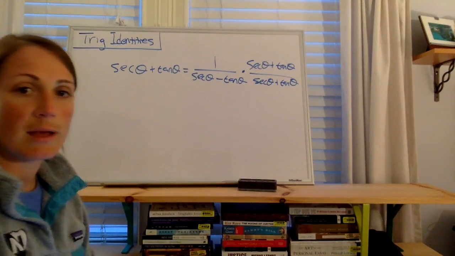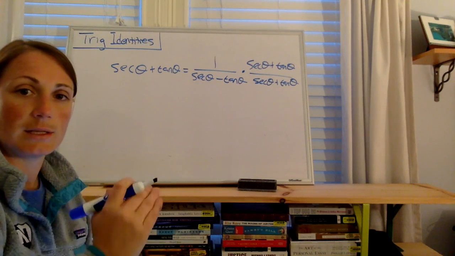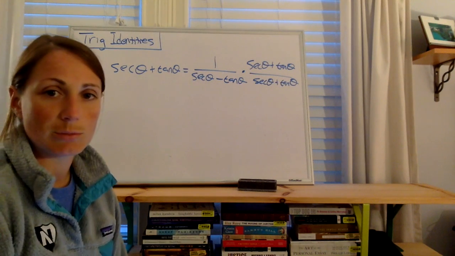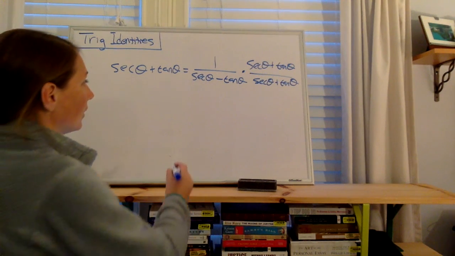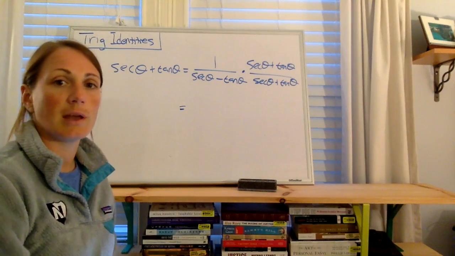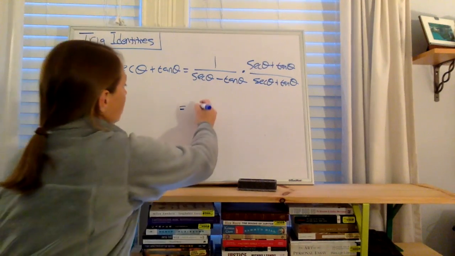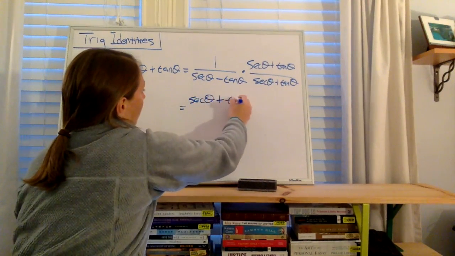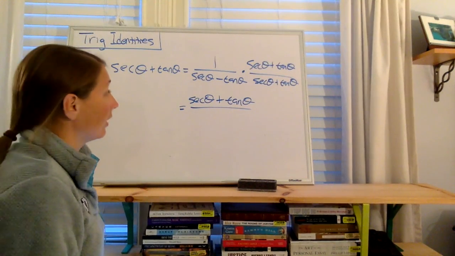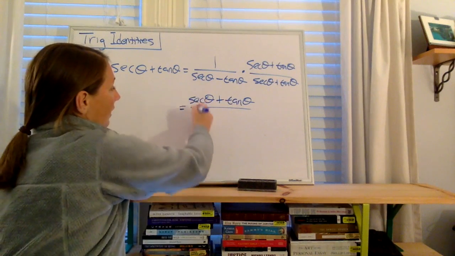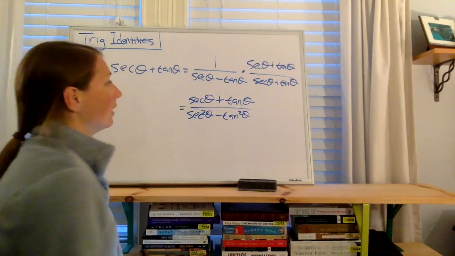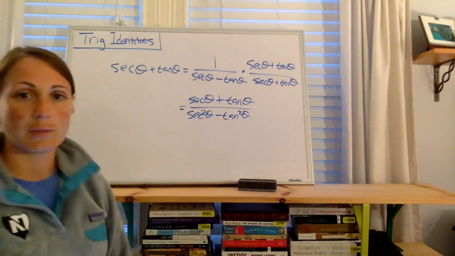Right, so if I multiply that right side by secant plus tan over secant plus tan, this is allowed because it's just multiplying by 1, but look what it produces. So in this case, I'm leaving the left side of the equation alone, and I'm re-expressing the right side. So I get secant plus tan in the numerator, and then on the denominator, I'm going to get secant squared theta minus tan squared theta. Again, because the pattern is a minus b times a plus b.